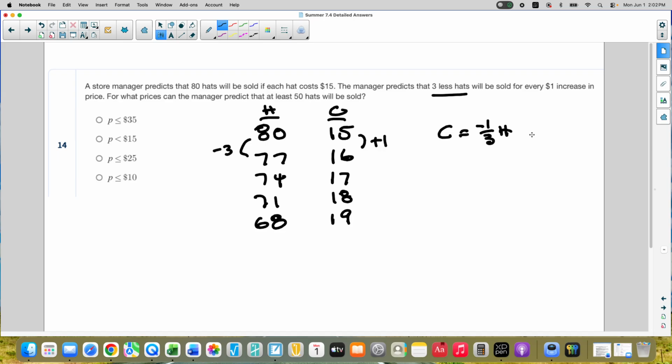And backwards would give us, that's 45, so 125 plus 125. And what we can do is we can write an equation, then we can plug in this stuff. So if C equals 15 and H equals 80 plus 125, does it work out?